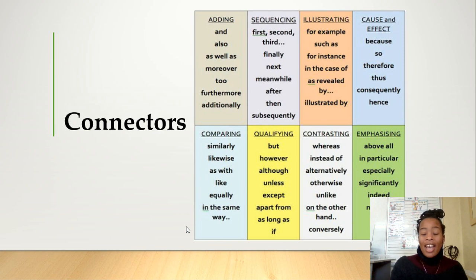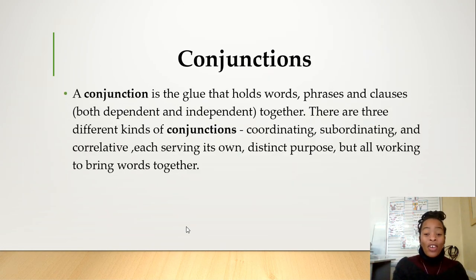All right, here are some examples of connectors. They are adding, they can compare, some are giving contrast, some are giving emphasis on something. All right, just take a look at them and you will see that connectors actually connect one sentence to the other. And then we've got conjunctions. Remember, conjunctions are part of the 8 parts of speech.